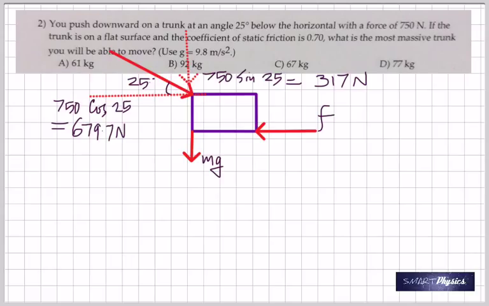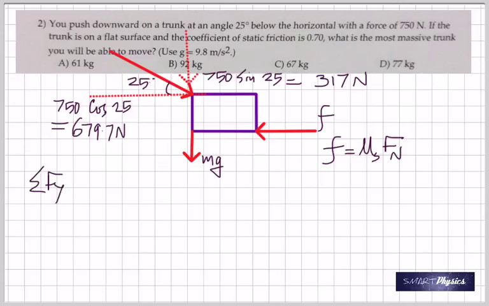So since we have the x component and the y component now, and frictional force is mu s times Fn because it's static friction in this case. So that's the formula for friction.